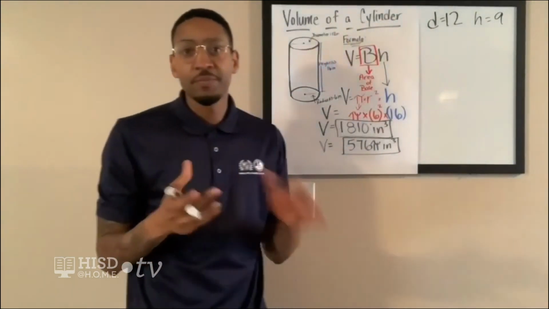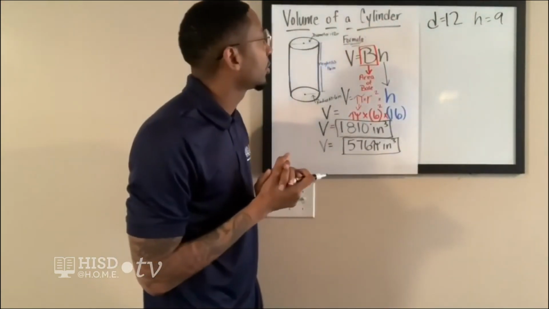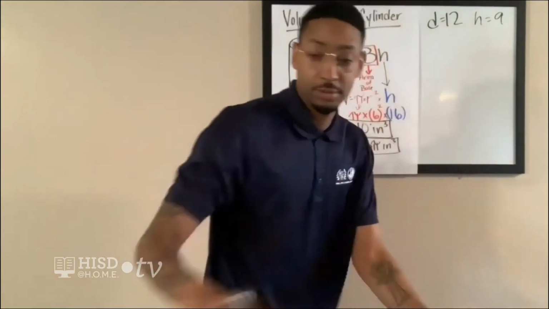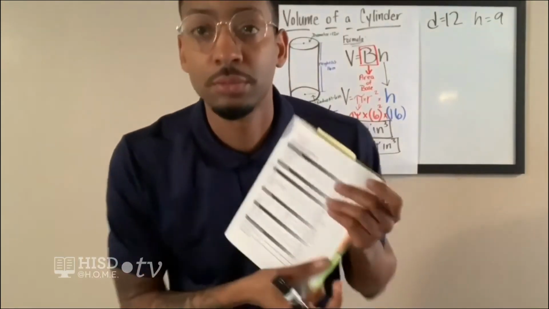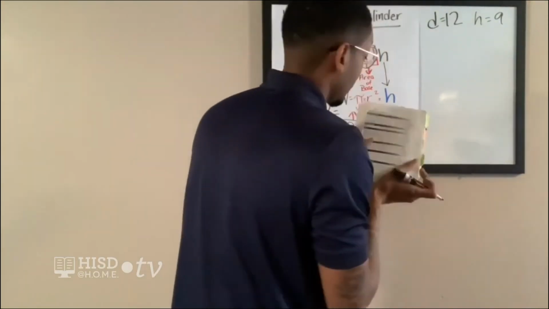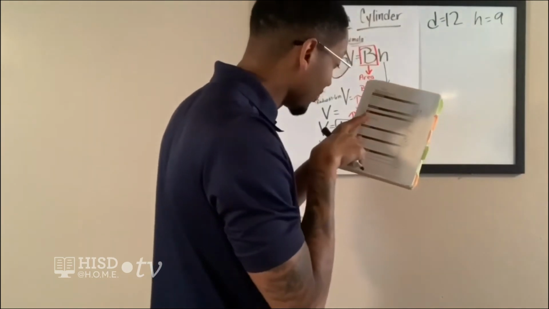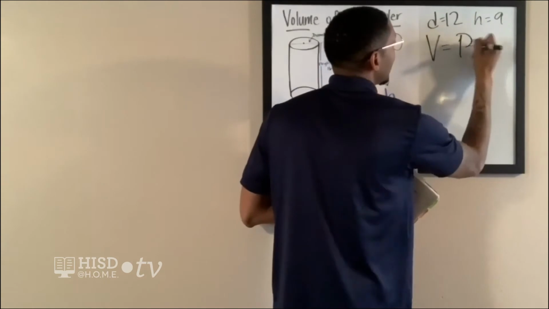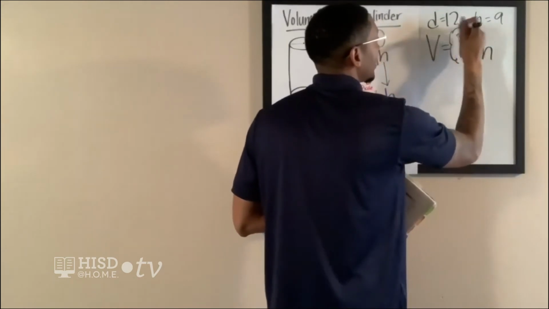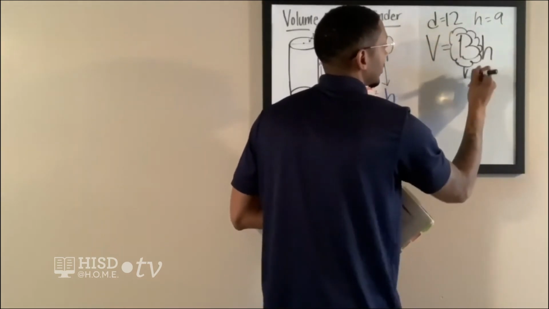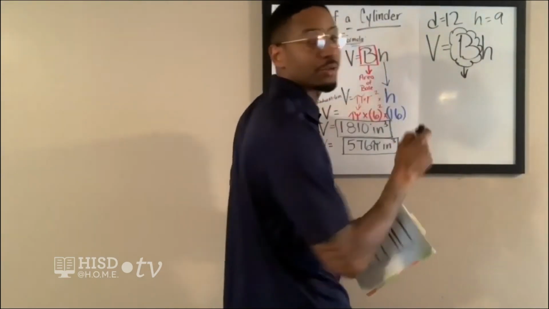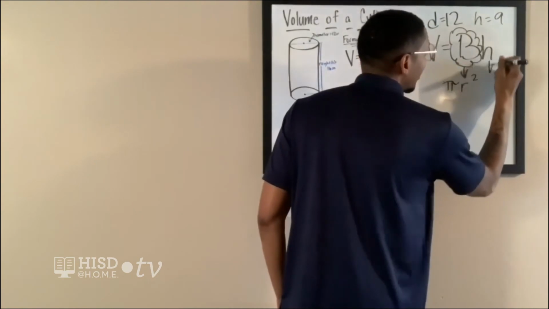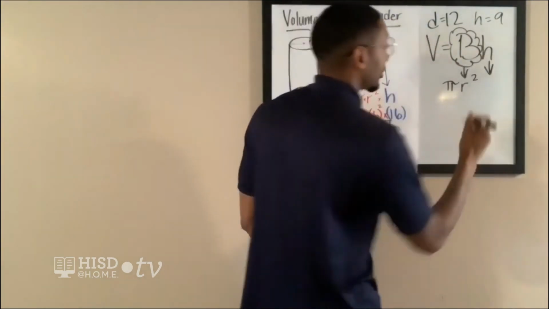So with this one, the first thing we have to do, I'm looking for the volume of the cylinder, V equals big B, H, and remember our big B is what? I knew you got it. Pi R squared. And I'm gonna bring down that H.